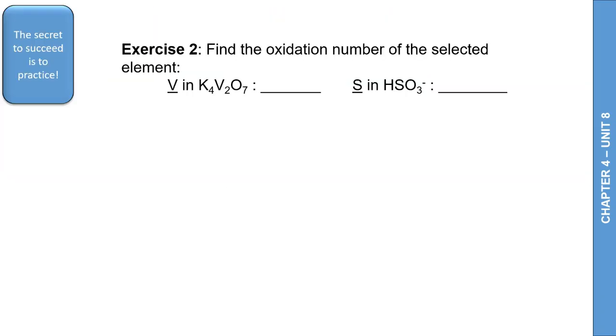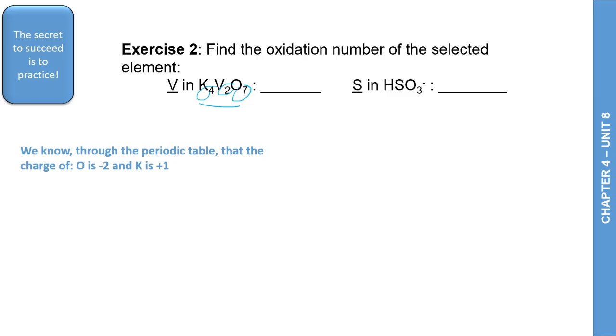Find the oxidation number of the selected element. Let's start with the vanadium. We have the extreme ones, potassium and oxygen. You know the charge because potassium is a metal in group 1, which is equivalent to the charge of those metals, +1, and oxygen is -2.